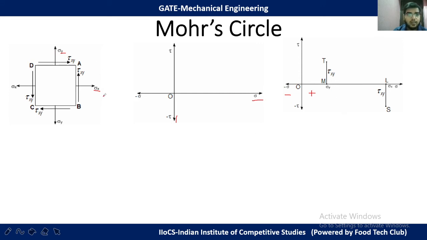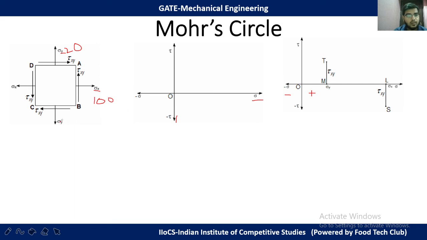Okay, so there must be a unit of sigma x, maybe in megapascal or Newton per meter square, whatever. So suppose sigma x value is 100 unit, just for example, and sigma y is 20 units. Units with any unit system, but that should be consistent for all the stresses. Okay, so we will plot 100 here, and we will plot 20 here.